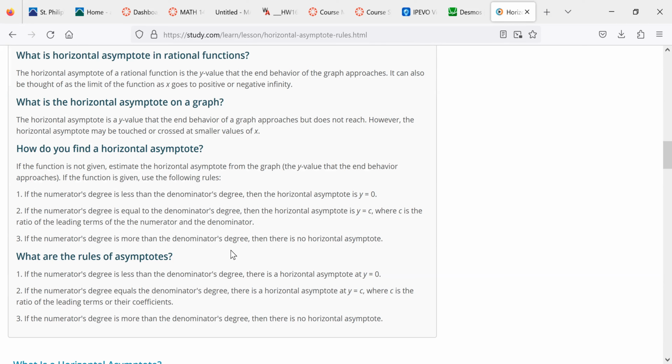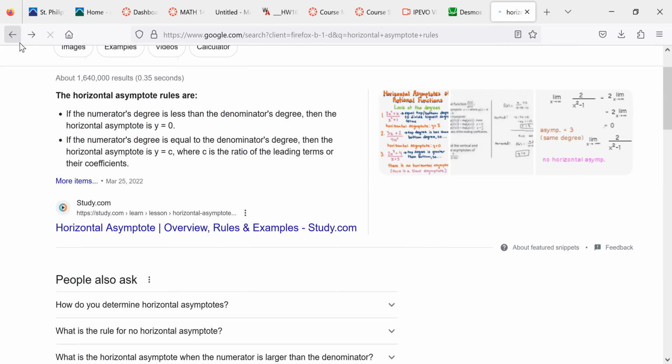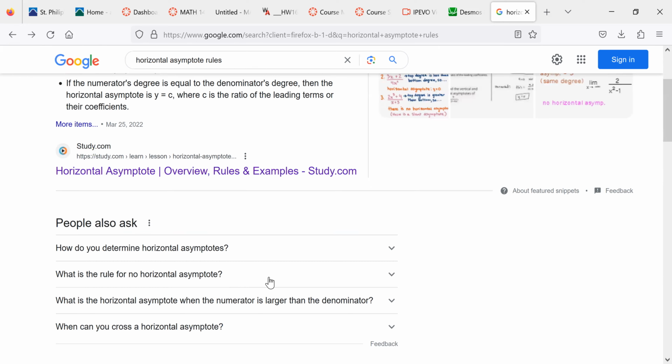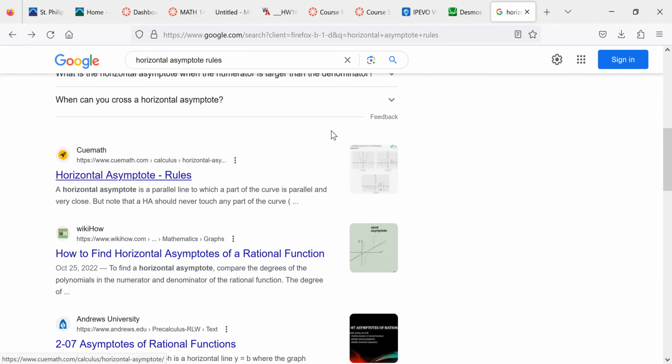And in order to find the equation of that guy, you would have to do long division. That's why it sucks. Anyway, I'll send you all this sheet in a moment that has those summarized rules.